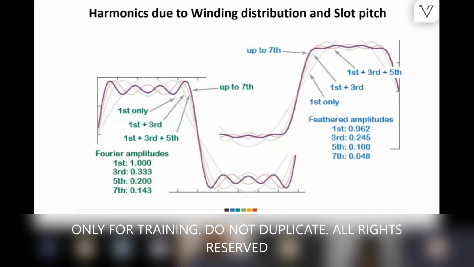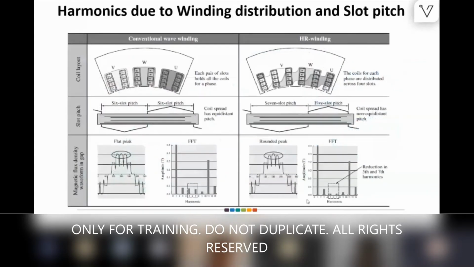So torque reduction will happen, and these harmonics are nothing but loss. It's I square R that you are directly putting in, and it is very difficult to eliminate because these are not so high frequency. At least for high frequency we can have some filters, but low frequency is not that straightforward. So we have to play with some slots, some winding arrangements.